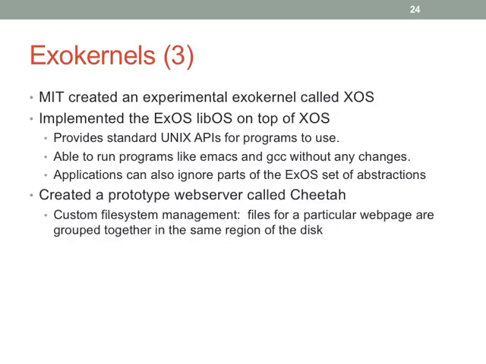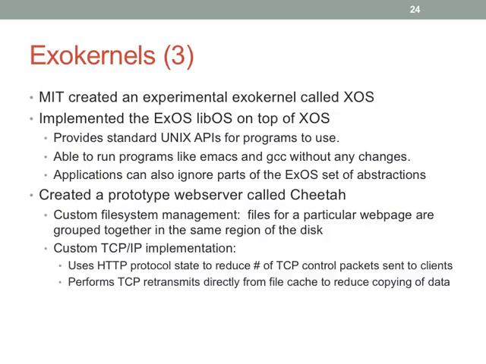So they created this web server called Cheetah, and you'll notice file system management. It did its own file system management. It would make sure that parts of a web page that needed to be served at the same time were co-located on the disk, so that I don't have large seeks when I'm pulling data off to send to the client. They had their own TCP implementation, so they built their own networking stack.